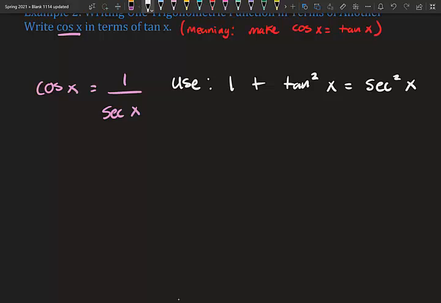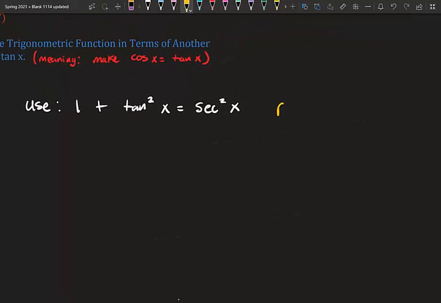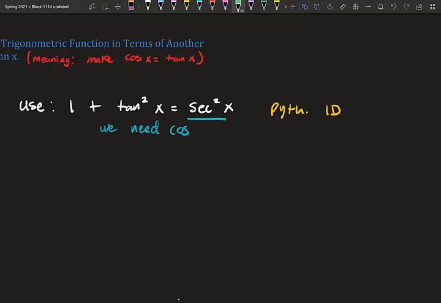It is theta, but since we're using x, we replace theta with x, and that is the Pythagorean identity. We're using a Pythagorean identity. So we can use the identities and make them work for us because they're proven. They're proven identities. So we don't need secant though, we need cosine. Alright, so we have 1 plus tangent squared x equals secant squared x.